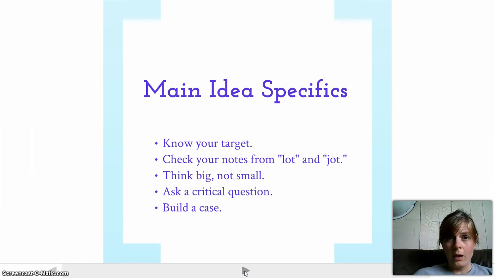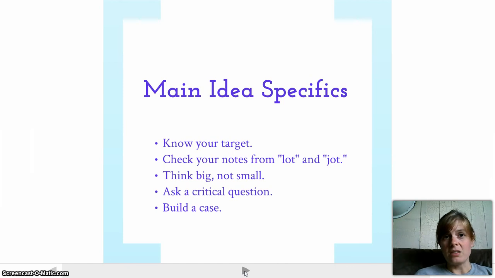When you're looking at main ideas, they should sound a certain way. You need to think bigger. Don't think smaller. Because most of the time, the answer choices that are given to you, there's one answer choice that you can connect to. If it's an entire passage main idea, you should be able to connect the answer choice to every part of the selection.